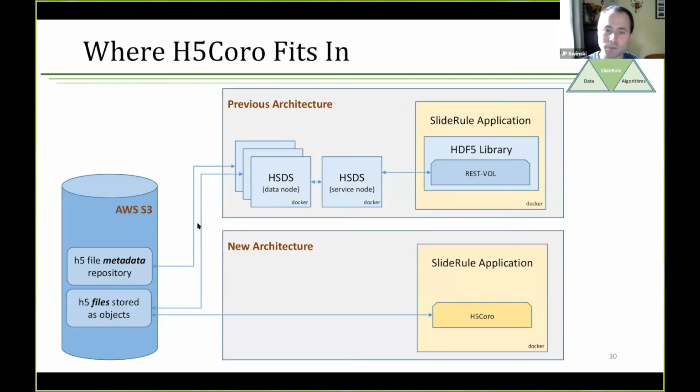Drilling down again, the diagram we showed before at the top is the previous architecture: the HDF5 library talking to REST VOL, talking to the service nodes, fanning out to the data nodes, going to the metadata repository and the local files. That's now been replaced by a small, very specific, targeted implementation of the H5 spec called H5Coro, which goes directly to the H5 files. It doesn't need anything else.